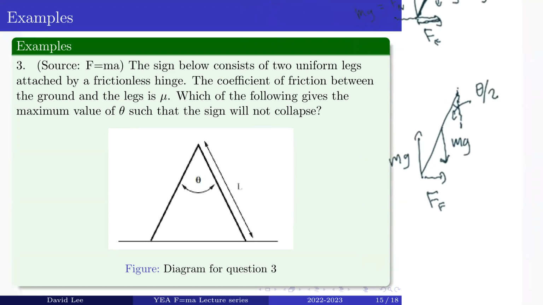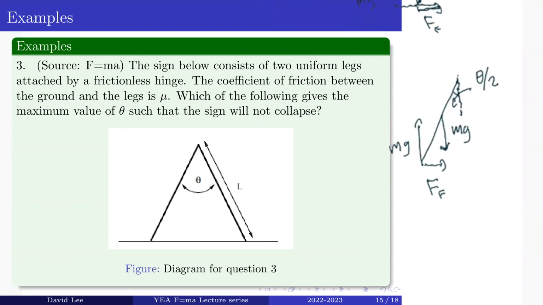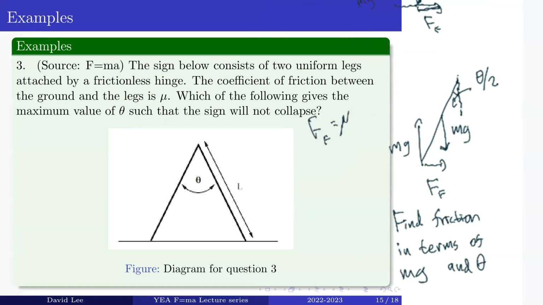So we want to find friction in terms of mg and theta. Because we know that friction is just mu times the normal force.